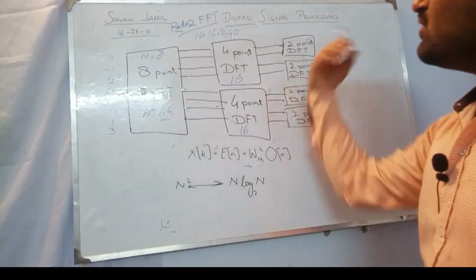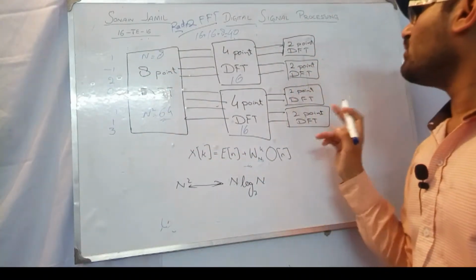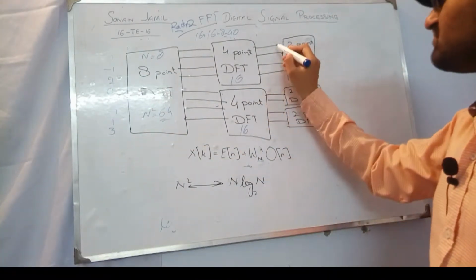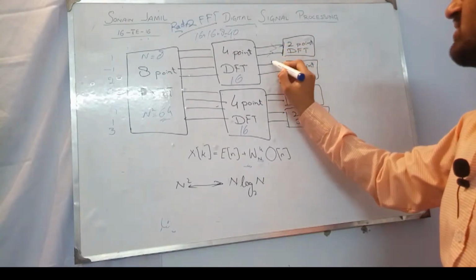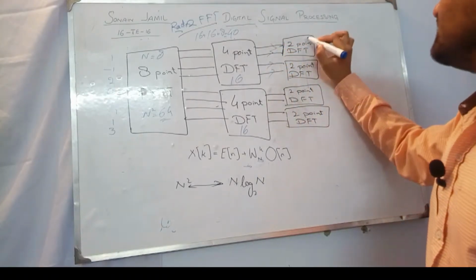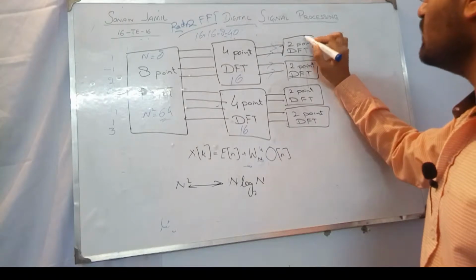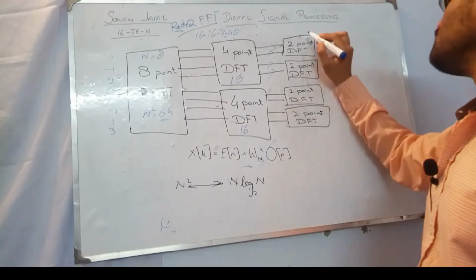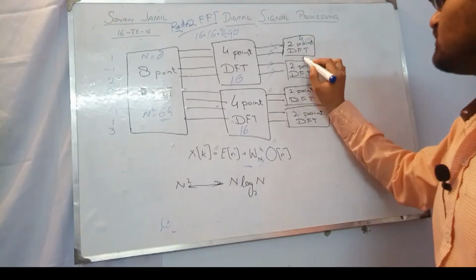So if we further divide into 2-point DFTs, what will be the result? From this we have n is equal to 2 and multiplication 4.